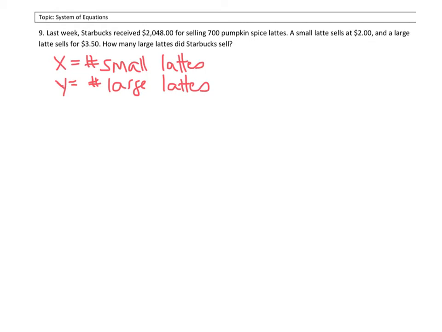All right, just like last question, we have two different totals. Okay, so if I kind of organize those, my totals are 700 lattes sold and $2,048. So those are my two different totals that I have to work with. Okay, so first of all, 700 total lattes. Well, what different types of lattes did they sell?